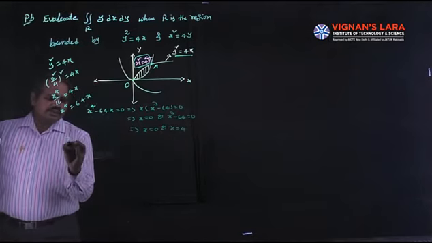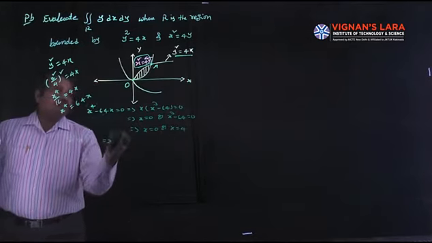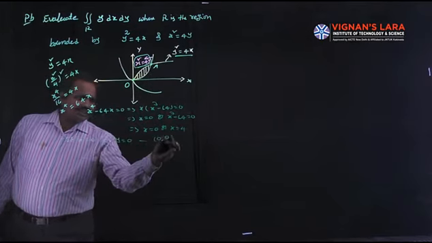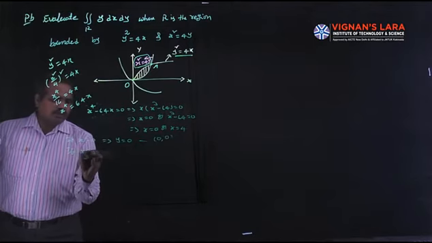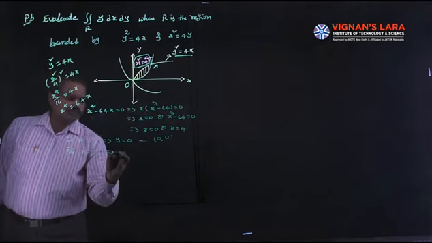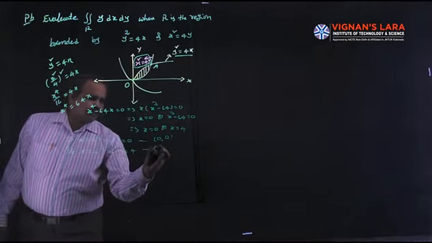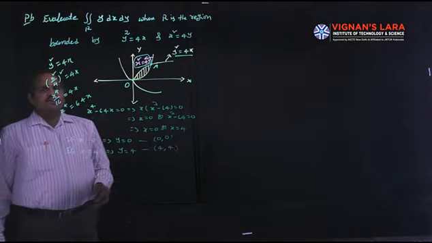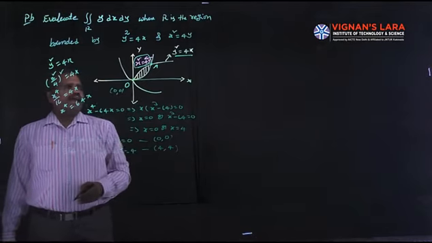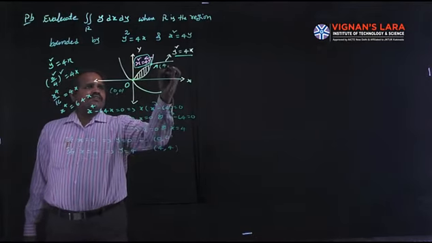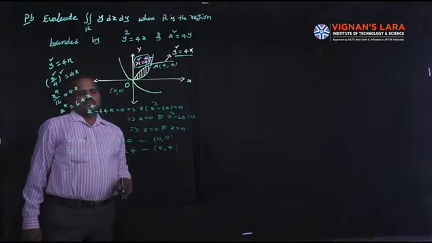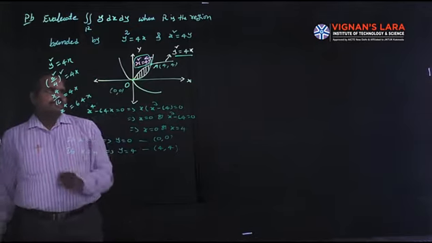If x is equal to 0, substitute x is equal to 0 in x square is equal to 4y, then I will get y is equal to 0. One point is 0, 0. If x is equal to 4, substitute x is equal to 4 in this: 4 square is 16, 16 is equal to 4y, that means y is equal to 4. So another intersection point is 4, 4. So two points exist, one point 0, 0 and another point A is 4, 4.